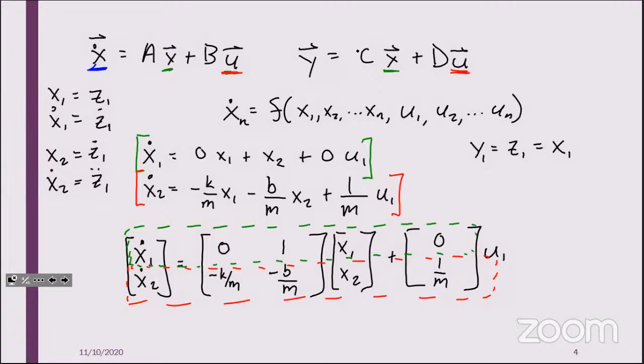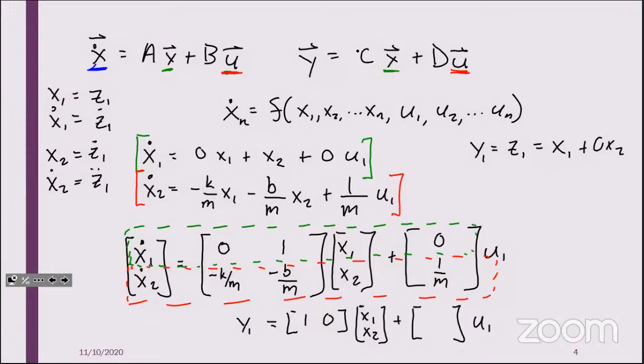And if y is x1 and I only have 1, this would say that y1 is equal to C times x1, x2, because that's x, plus D times u1. Well, it is x1. There's no x2, because this is the same as writing this. There's no u, and that's it. That's my output equation for this.